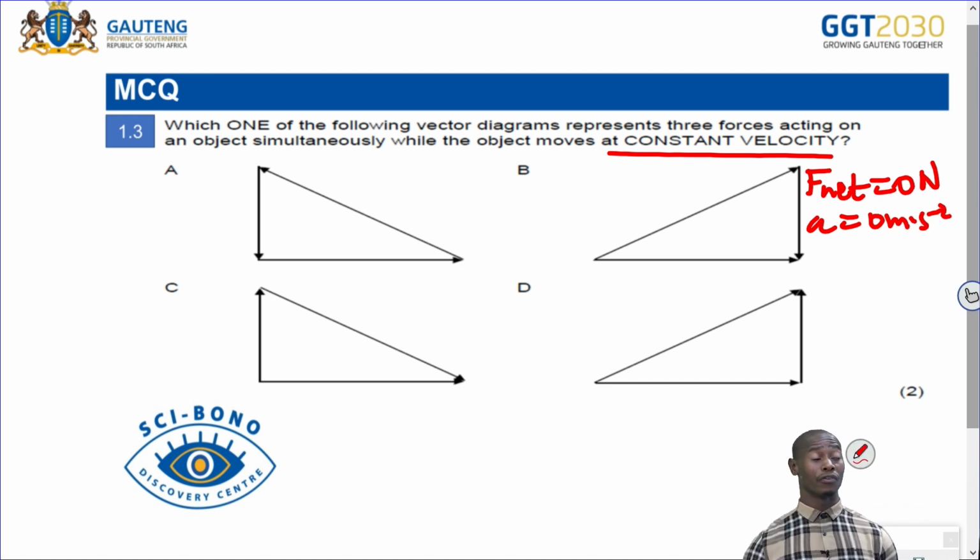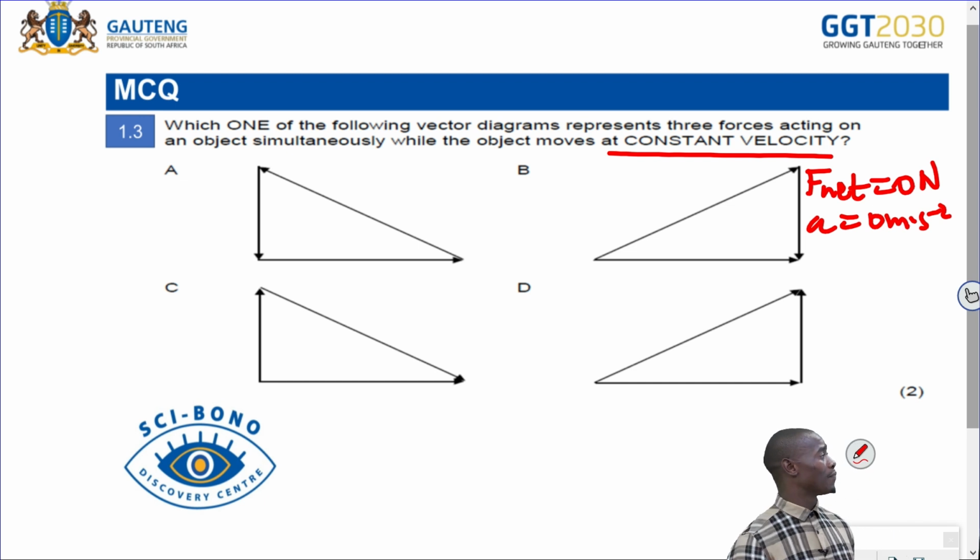So this is an application of Newton's first law, which means F net is equal to 0. So which vector diagram shows 0 net force?